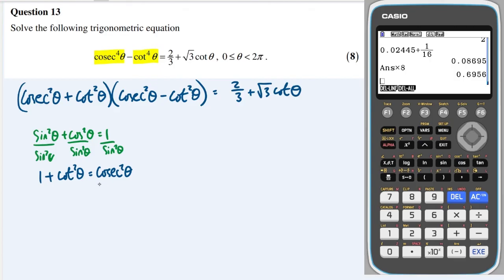Okay, so we can rearrange this. This is going to be nice and helpful. For cosec squared theta minus cot squared theta is equal to 1.